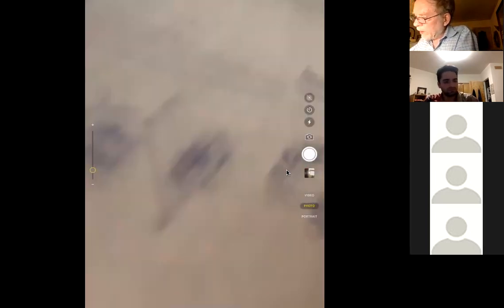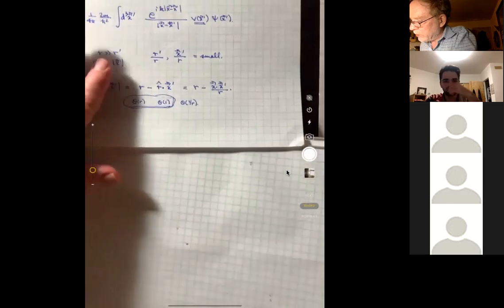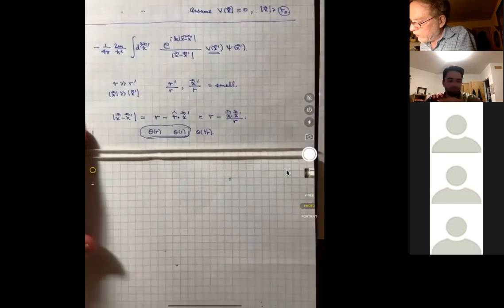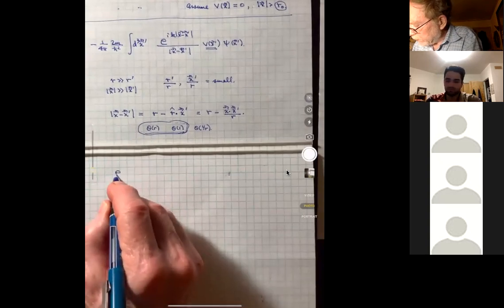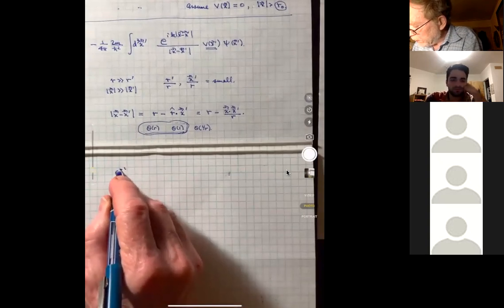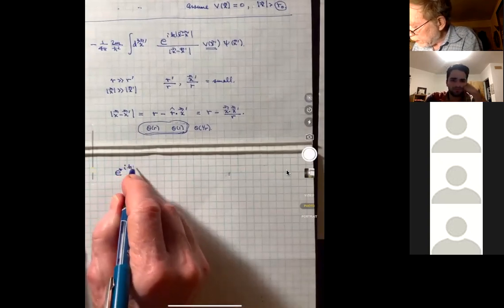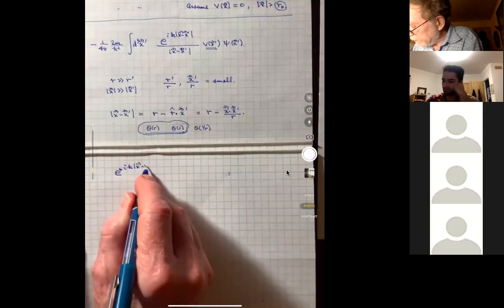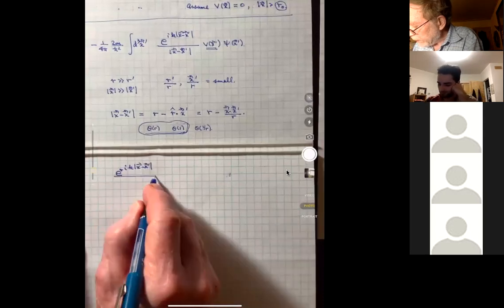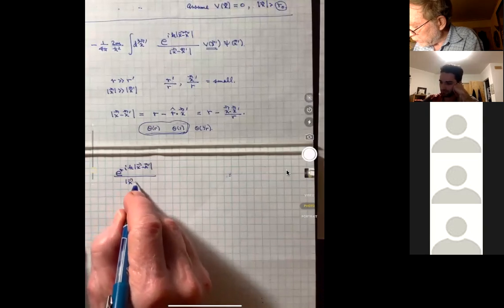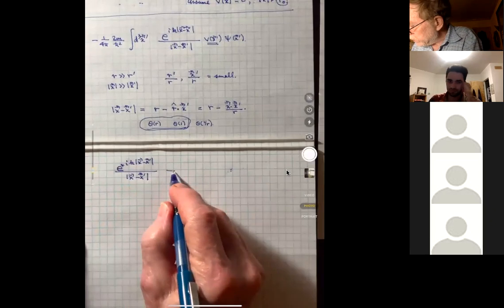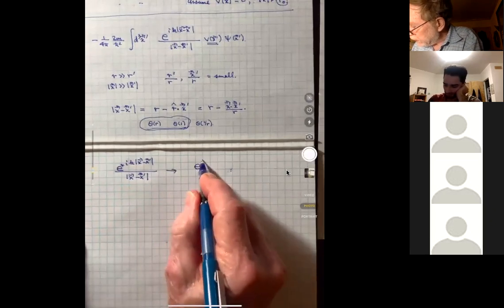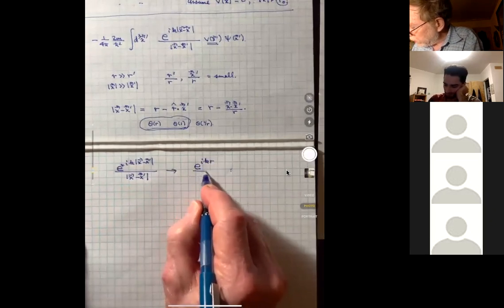So if I make that expansion in the Green's function, then the phase factor e to the plus i k absolute value x minus x prime, divided by the absolute value of x minus x prime, goes over into e to the ikr over r.